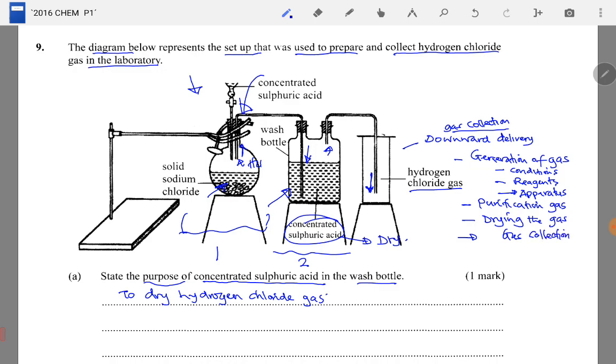These are issues that you must commit to your mind whenever you encounter a question on laboratory preparation of gases. This laboratory preparation covered generation of the gas, drying the gas, and gas collection. These are the areas you must always focus on, because this is where the examiners would like to test you.